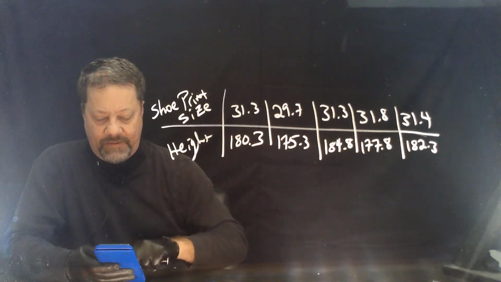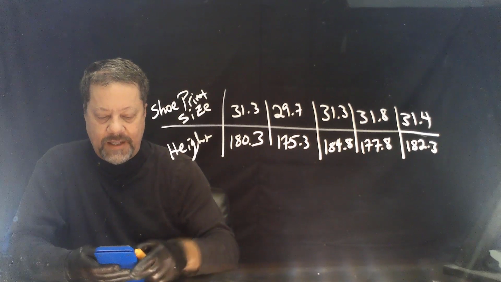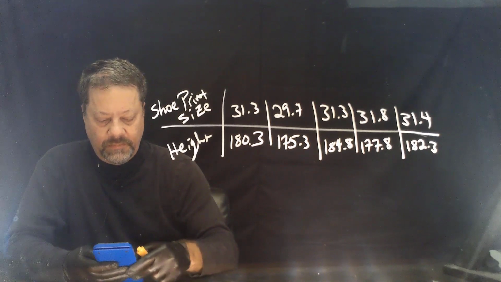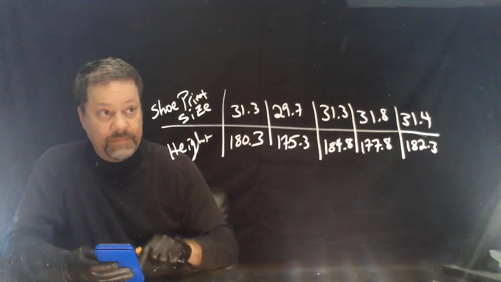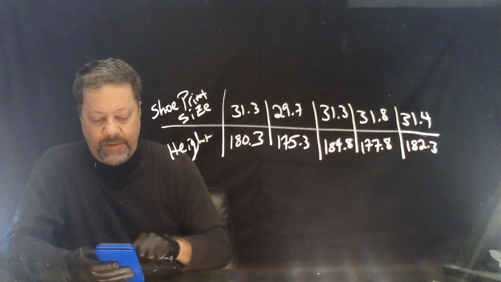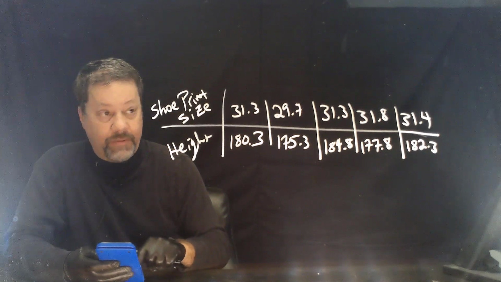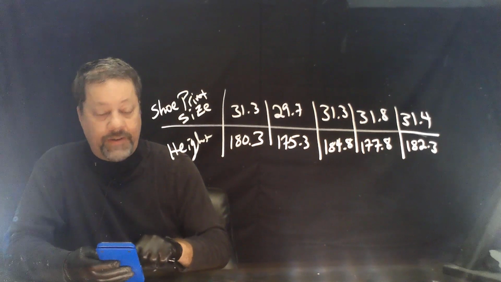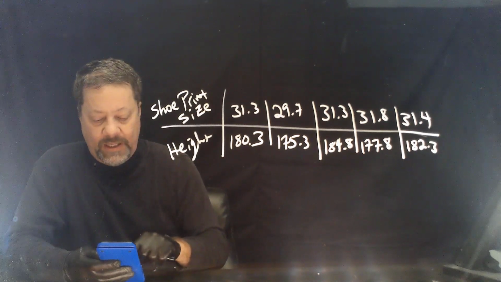I've written some data down for shoe print size versus height, and I'm going to enter these as lists. We have 31.3, 29.7, 31.3, 31.8, and 31.4 versus these heights of 180.3, 175.3, 184.8, 177.8, and 182.3.